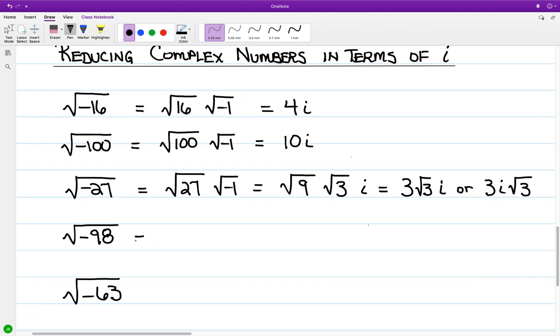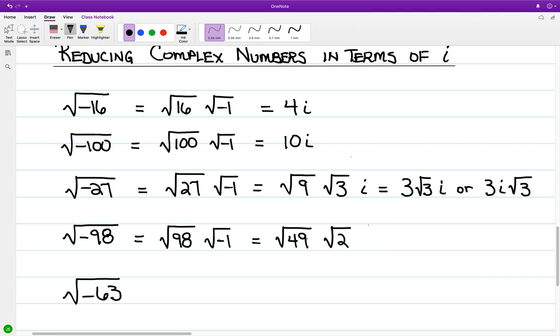Now another number that, like 27, is a multiple of a perfect square, even though it is not a perfect square in its own right, is 98. Now we have the square root of -98. If we factor out gradually, we have the square root of 98 times the square root of -1. In terms of reduction, the highest perfect square divisible into 98 is 49.